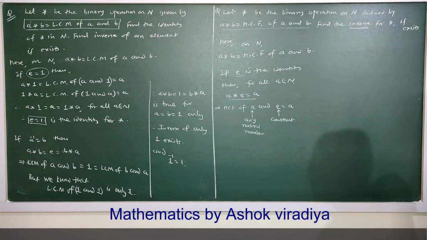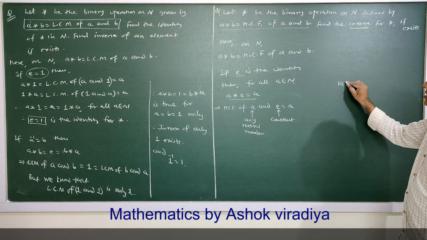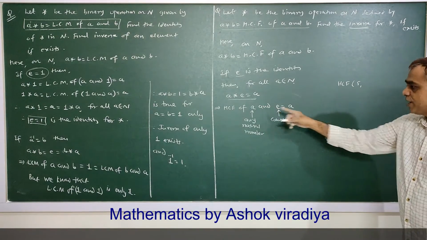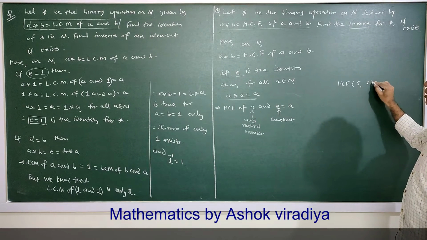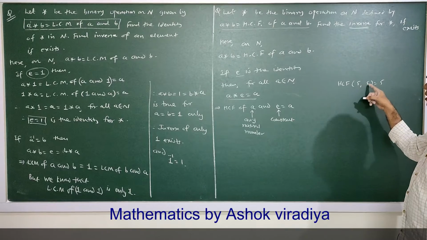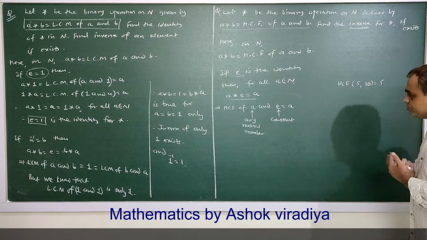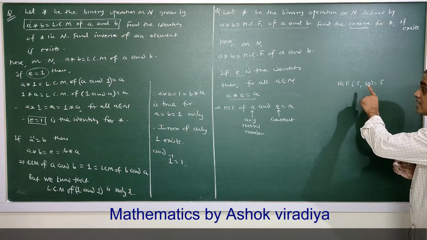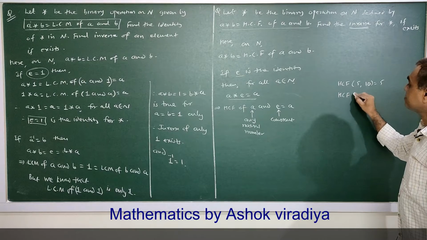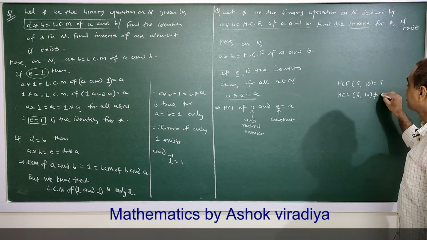Now see, here I am putting a few statements. HCF of 5 and 5 is 5, or I say HCF of 5 and 10 is 5, but HCF of 6 and 10 is not 6.